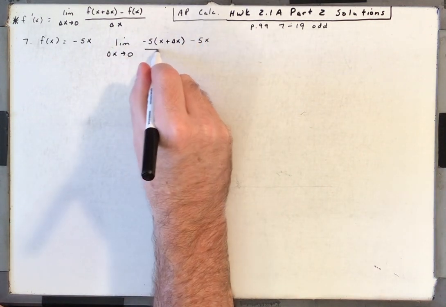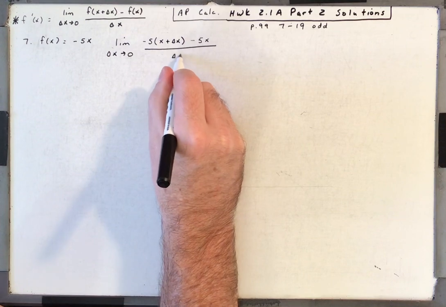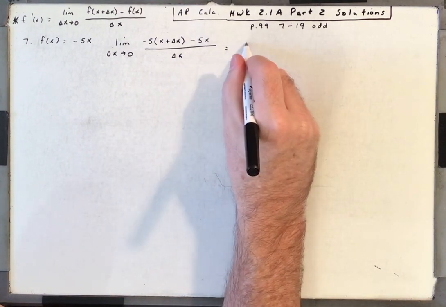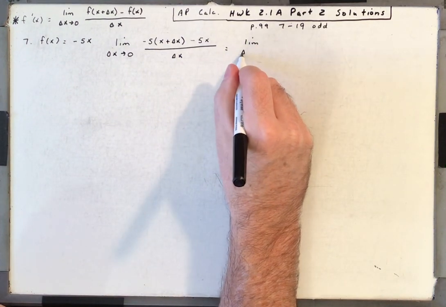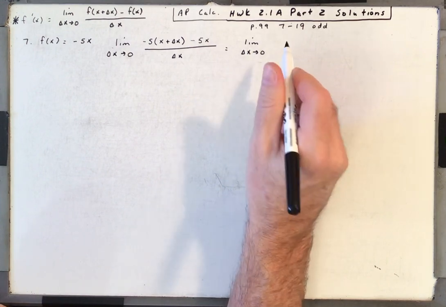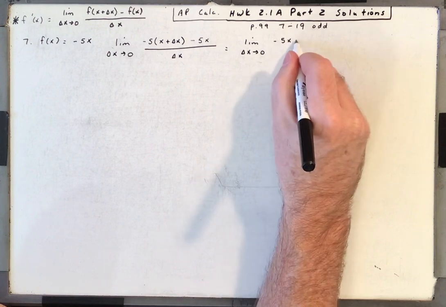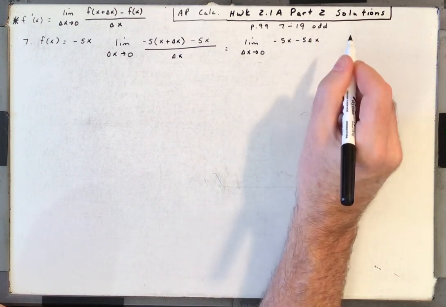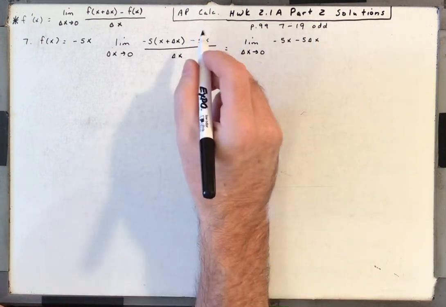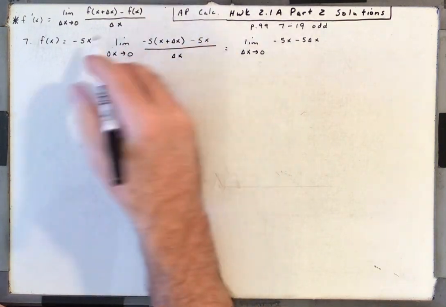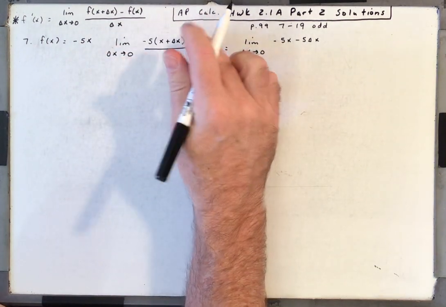This is a pretty short one, right? Over delta x. So that's equal to the limit as delta x approaches 0. Distribute the negative 5, so it'd be negative 5x minus 5 delta x. And then the minus 5x would make this a plus.